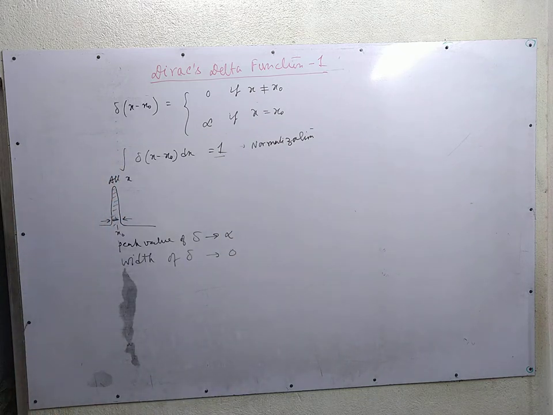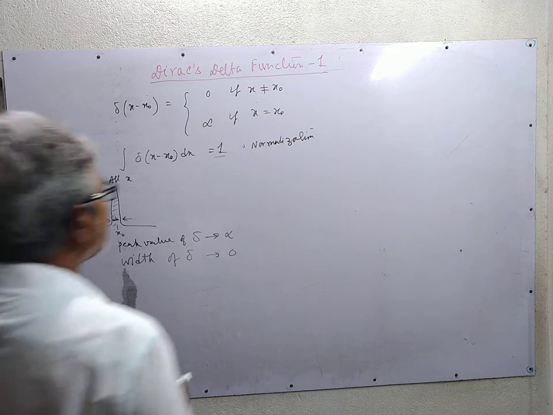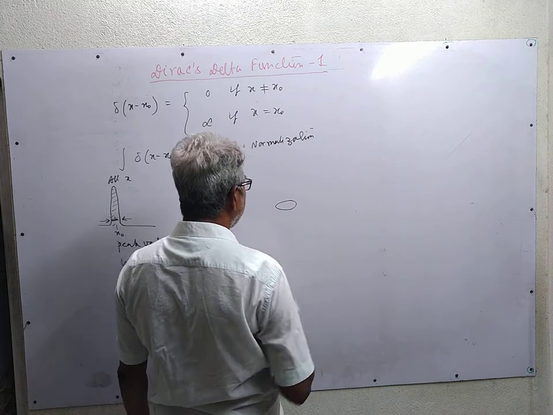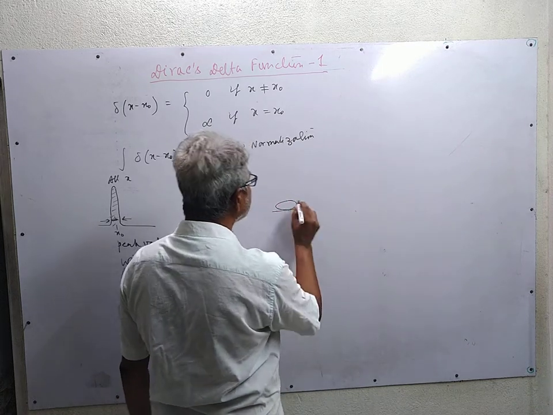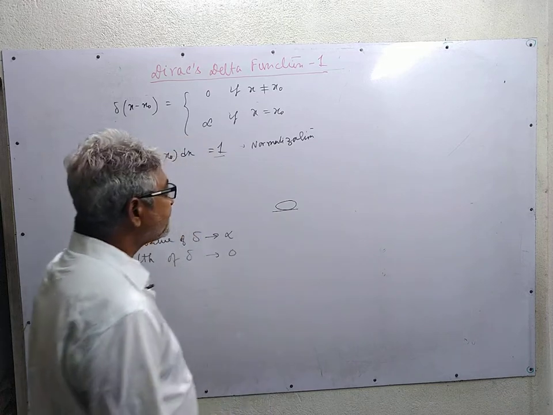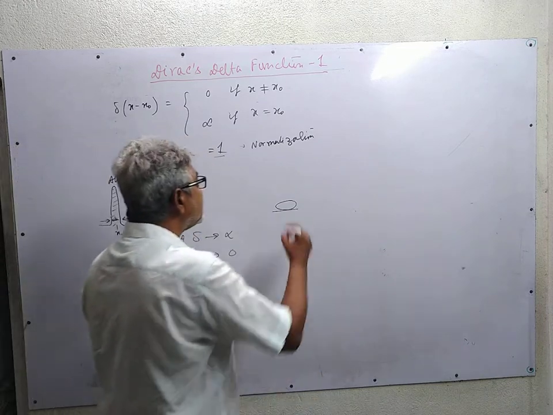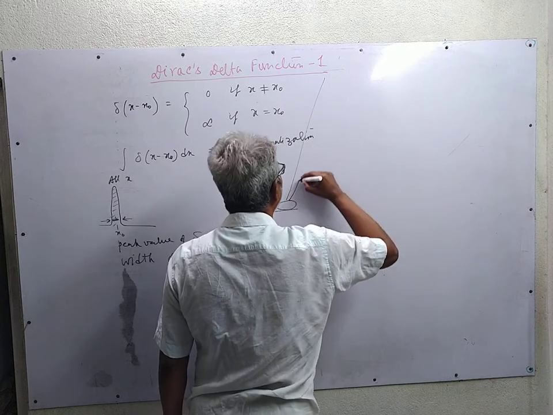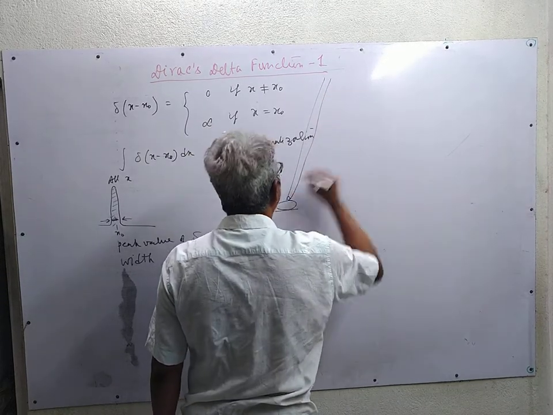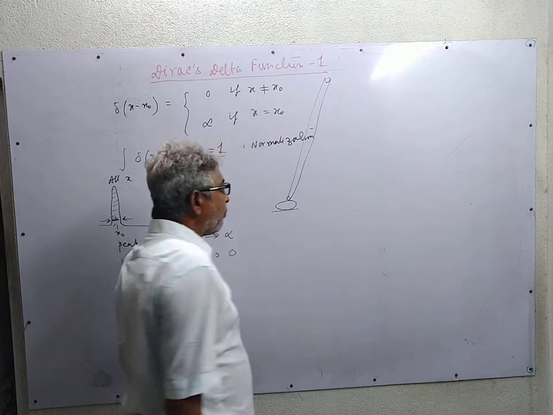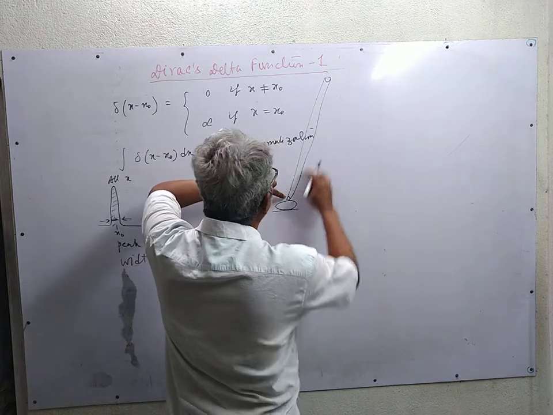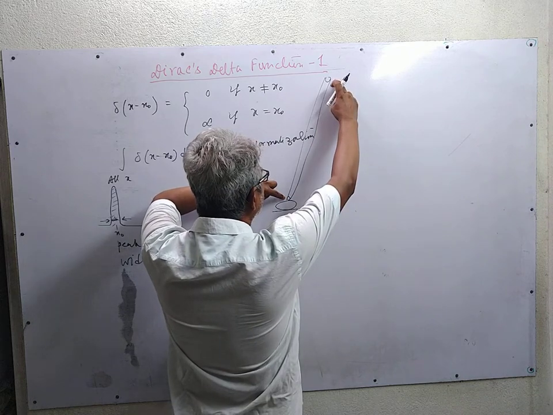We can visualize the delta function concept like this. Let us consider that we have a drop of liquid. This liquid has a finite volume, and we are sucking this liquid into a very long tube of vanishingly small width, such that the entire tube is filled with the liquid.